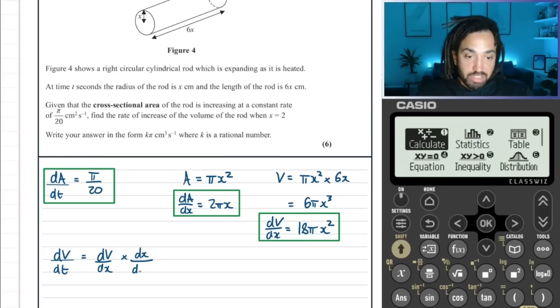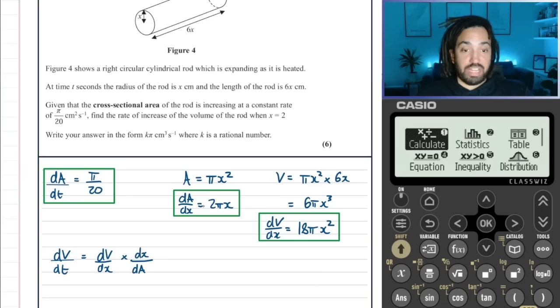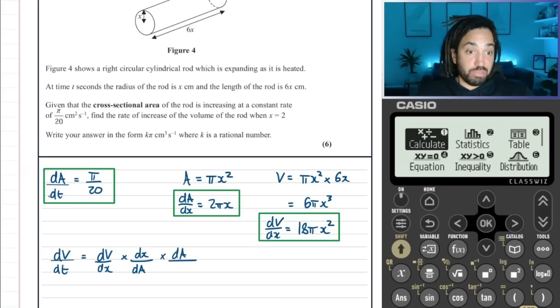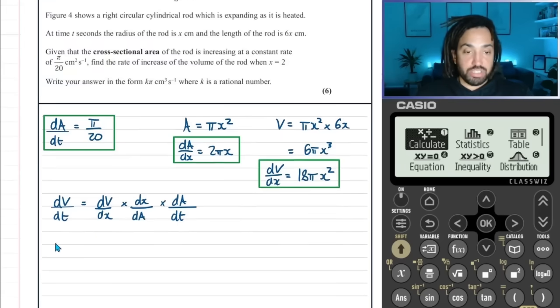So we can put dA on the bottom, which is the reciprocal of that. Now I don't want a dA on the bottom, so I need to cancel that. So let's put dA on top. And I want a dt on the bottom, and that's lucky because we've got dA by dt. So that's all going to work out nicely. The dx's are going to cancel, the dA's are going to cancel, and we're going to be left with dV by dt. So all we need to do now is just put it all together.